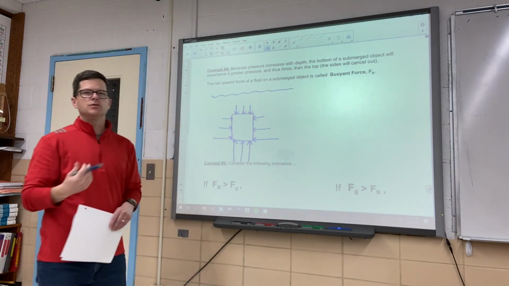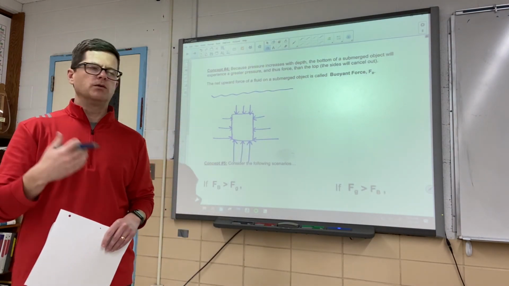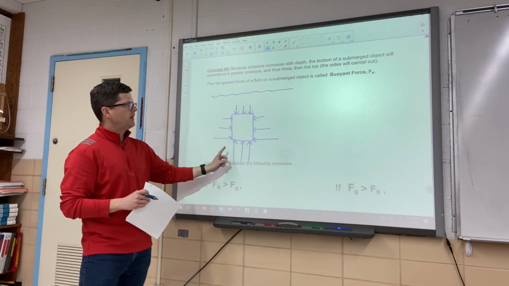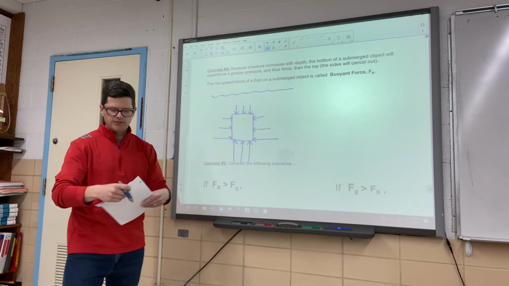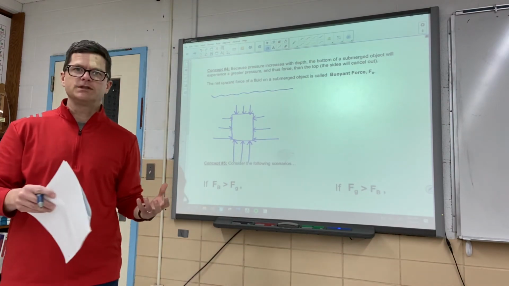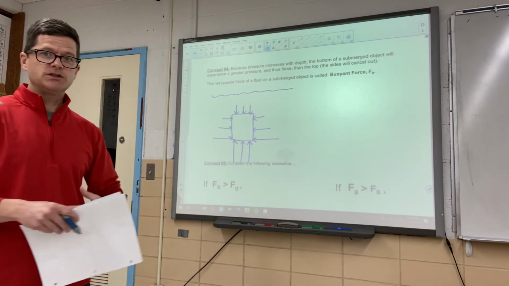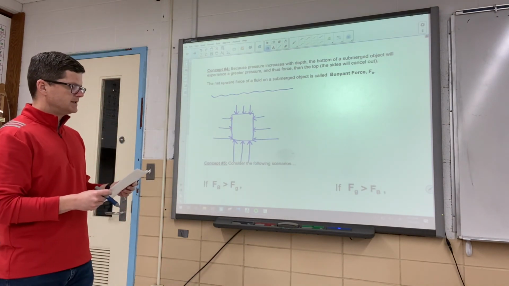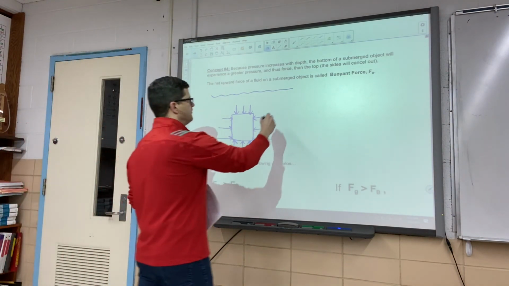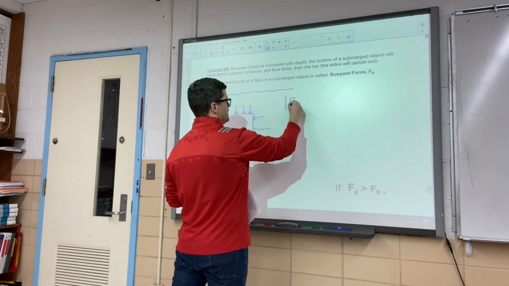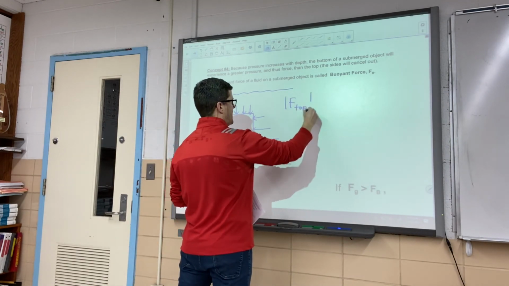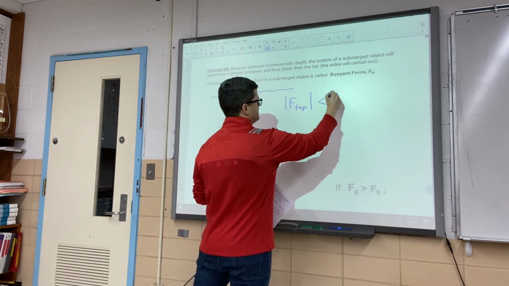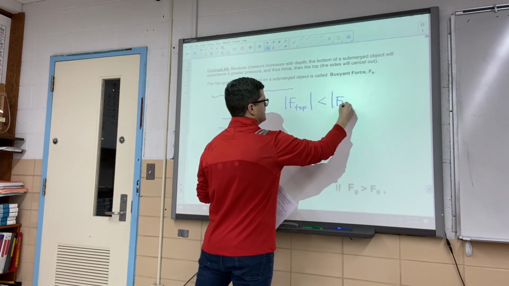So when you submerge something in a liquid or fluid in general, because you have more pressure acting on the bottom than the top, you've got a net upward force from the fluid, just from a pressure effect. Okay, so one thing I could say is that the force on the top surface, magnitude, should be less than the force on the bottom.